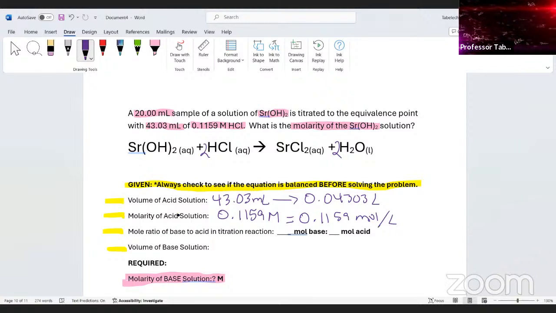So they gave you that. Let's look at our chemical reaction. Strontium hydroxide has 1 mole, hydrochloric acid has 2. So we're going to put that in over here in this part of the chart, okay? So this is 1 mole of the base to 2 moles of the acid. That's what I'm putting in right there.